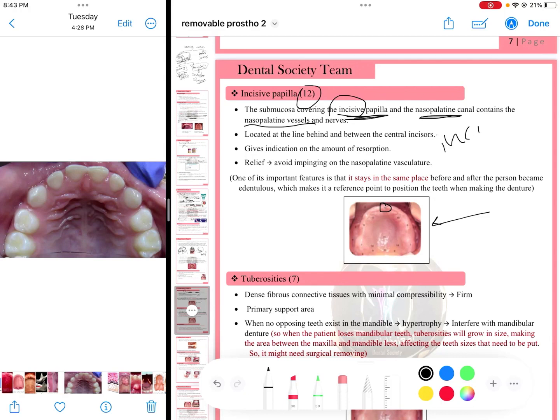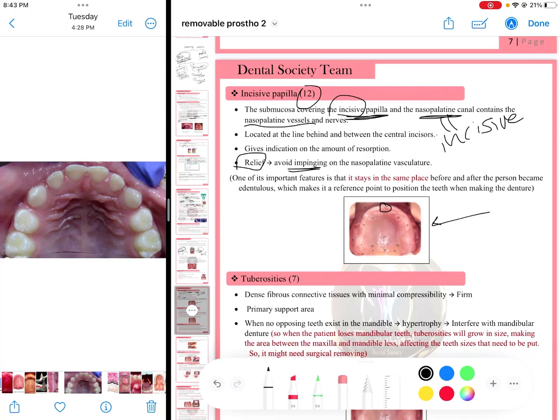So the incisive canal is the same as the nasopalatine canal. Why is it called the nasopalatine canal? Because it contains the nasopalatine blood vessels and nerve. So I have to protect these nerves and vessels. I don't want pressure on it, so what I'm going to do is relieve it and avoid impinging.